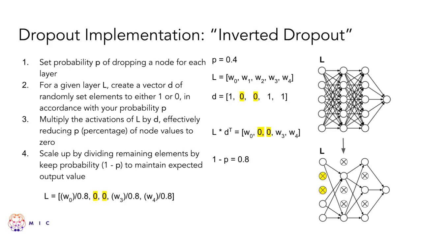This is because you only implement dropout during training, and you don't implement dropout during testing. So you want to scale up the values of your weights that you've dropped during training so that the average output during training will match your output during testing. So that makes sense? Because otherwise you would have different networks. So you have to maintain this expected output value for each. Yes?